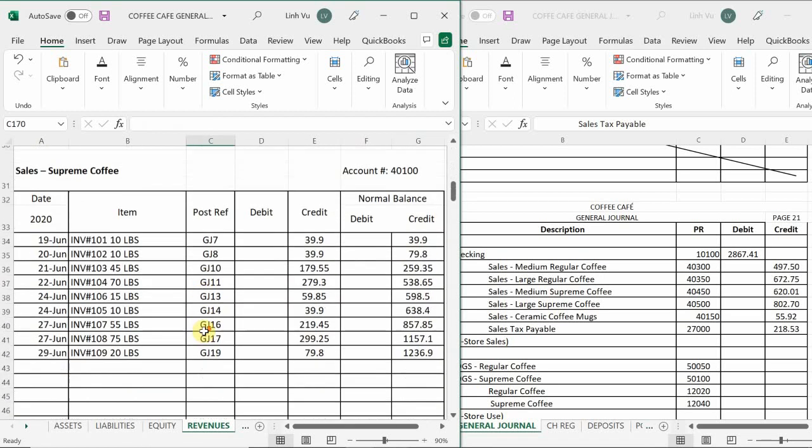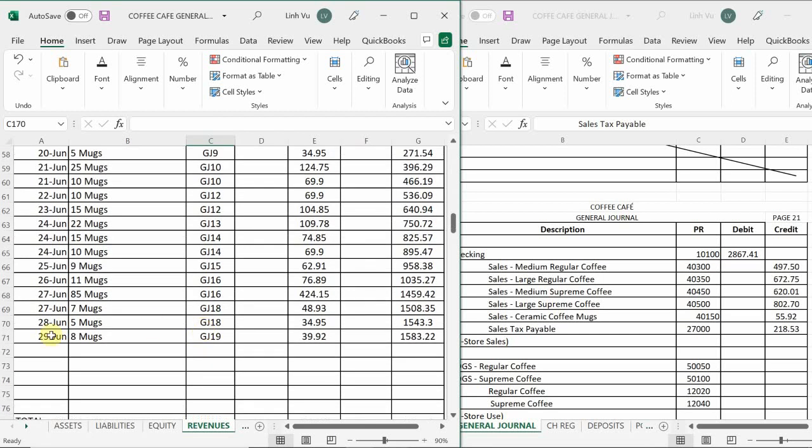We sold some ceramic coffee mugs. How many did we sell? 8, for a total of 55.92. Total: 1639.14. Good. Last but not least, we got some sales tax.